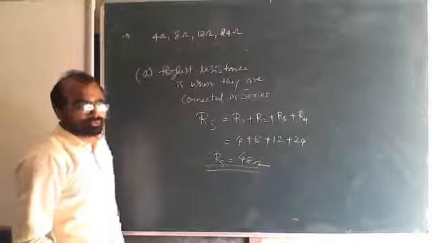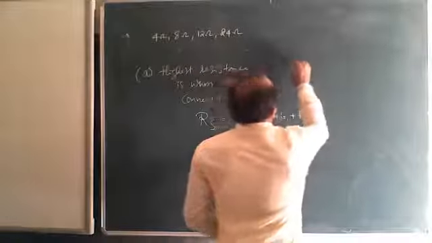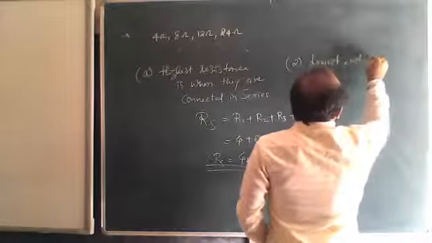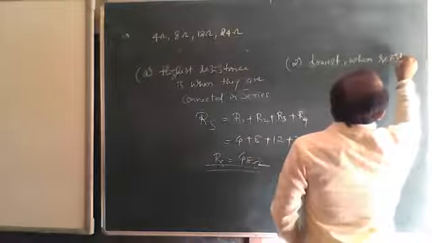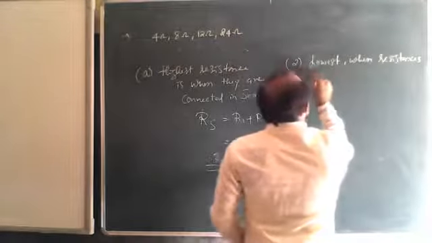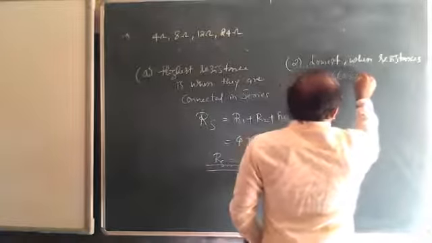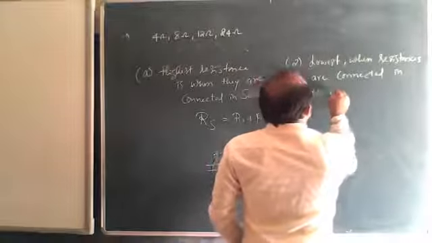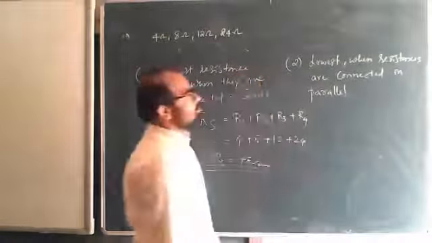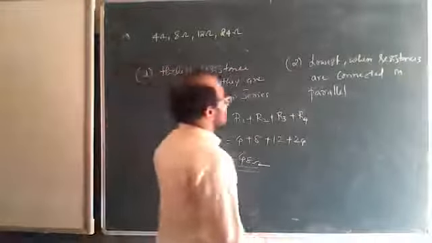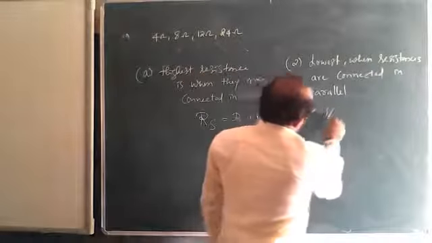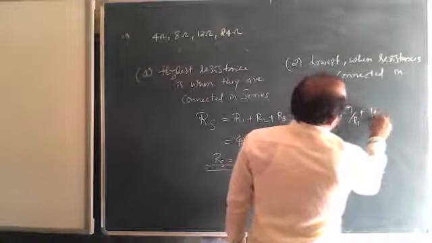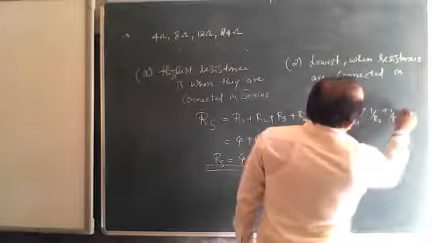Now we need Rp. Rp is lowest when resistances are connected in parallel. So 1 by Rp is equal to 1 by R1 plus 1 by R2 plus 1 by R3 plus 1 by R4.